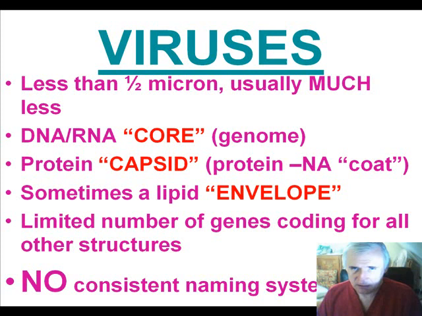Viruses are pretty small. The very, very largest one is less than half of a micron. If you remember, the diameter of a red cell is 7 microns. So in all practicality, they are not visible to routine microscopy.